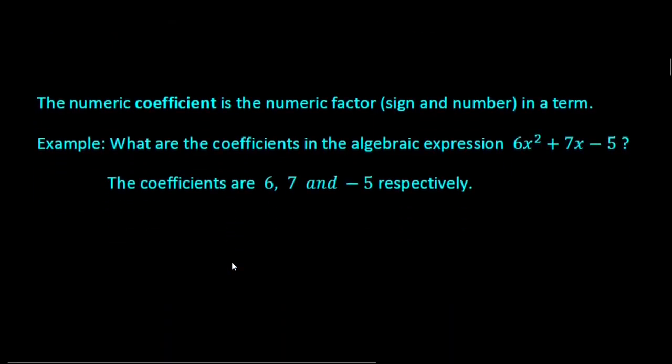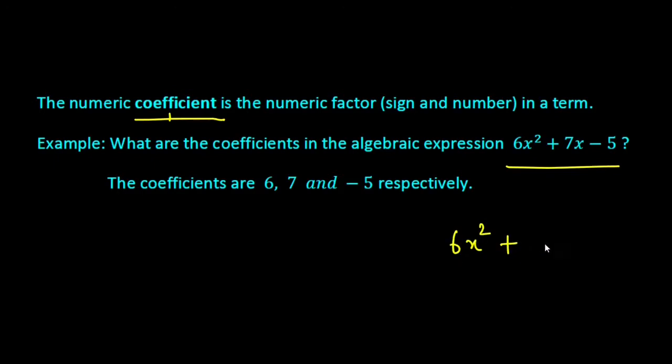Now let us see what is coefficient. Let us take this algebraic expression 6x square plus 7x minus 5. In this we have 6x square as a term. In the 6x square term, 6 is the coefficient of x square.